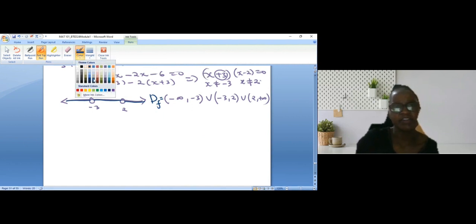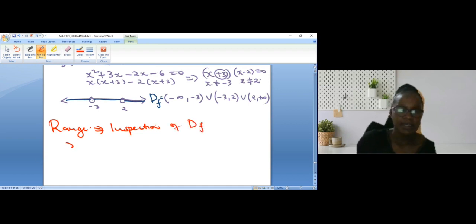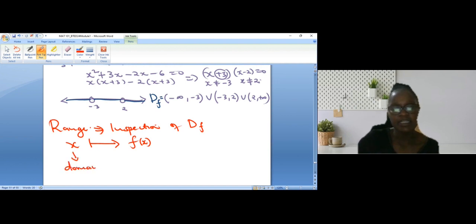And so how do we find the range? The range will be determined by inspection, from the values you've gotten, by inspection of the domain, because our range is determined by the domain. So once you've determined the domain, it's easier for us to tell all the possible values of f.